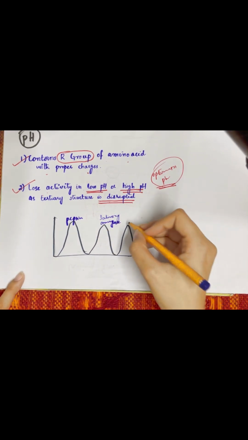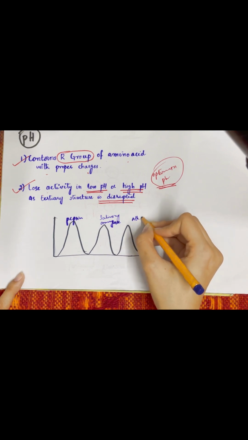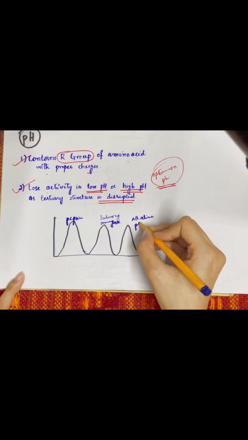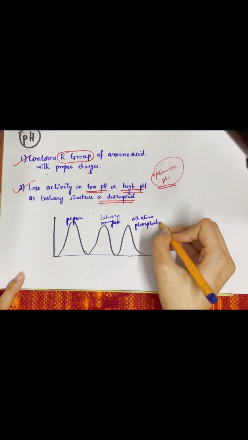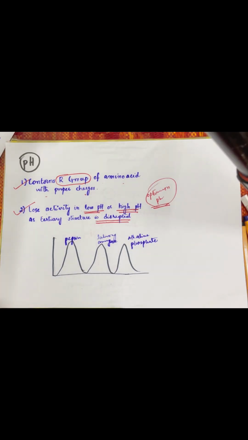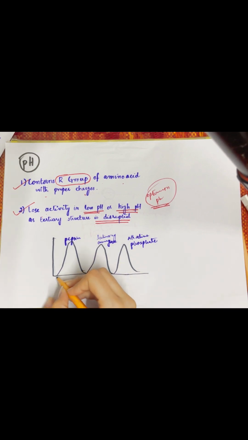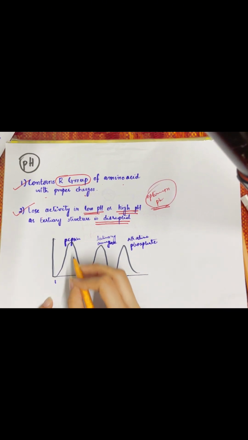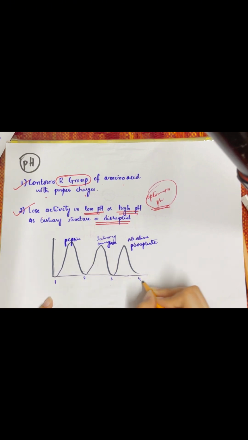And let's say our third one is alkaline phosphatase. Since we have taken these three enzymes for the example, we are going to give them some pH values. Pepsin works best at 1.5. Let's take 3, let's take 4 and 4 and 5.